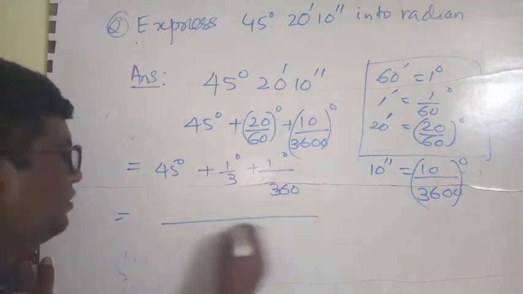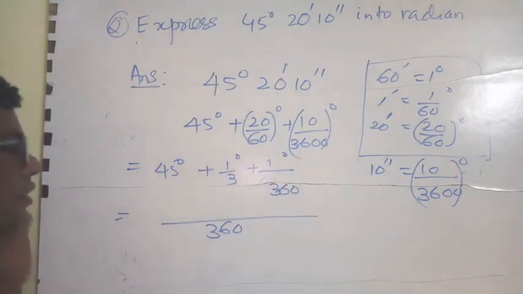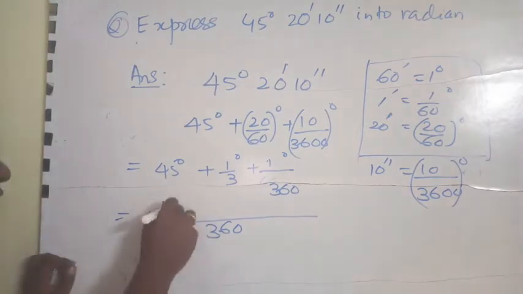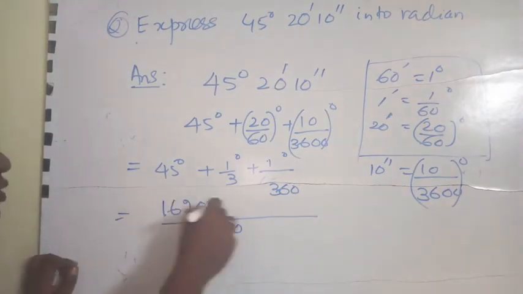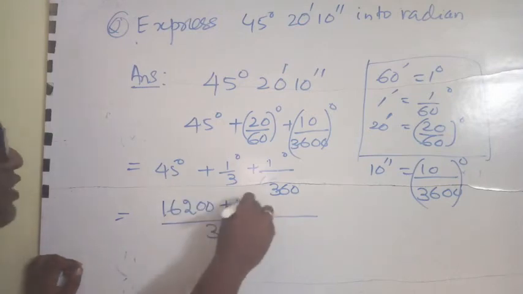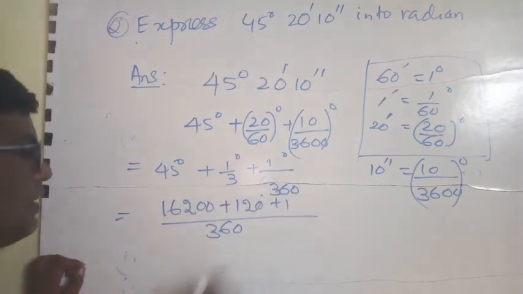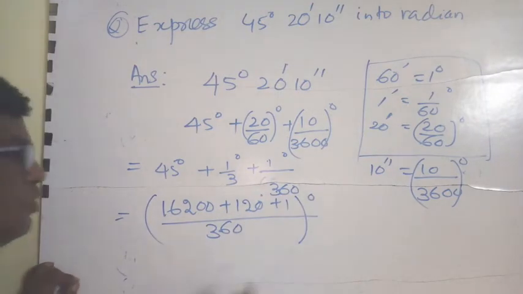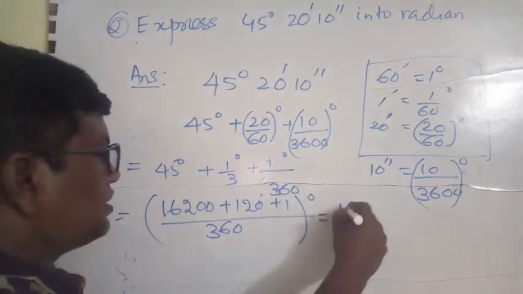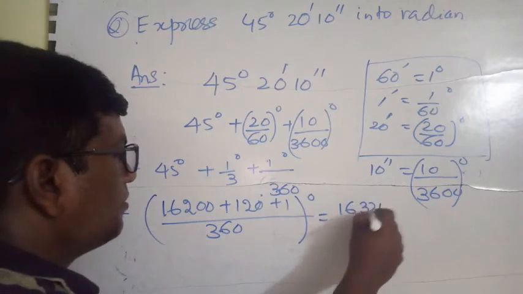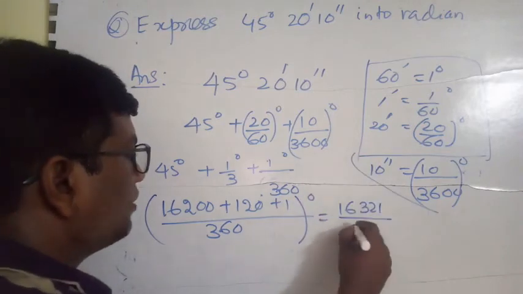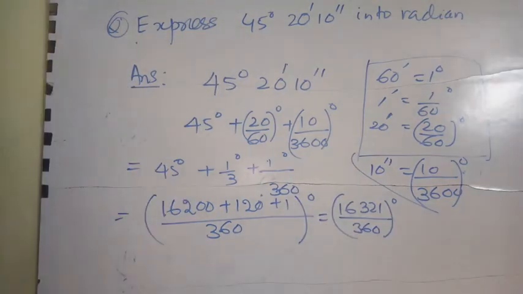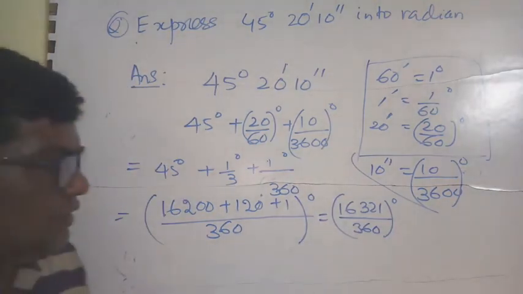LCM 360. Here 16200, here 120 plus 1. This is degree, which is equal to 16321 by 360 degree.